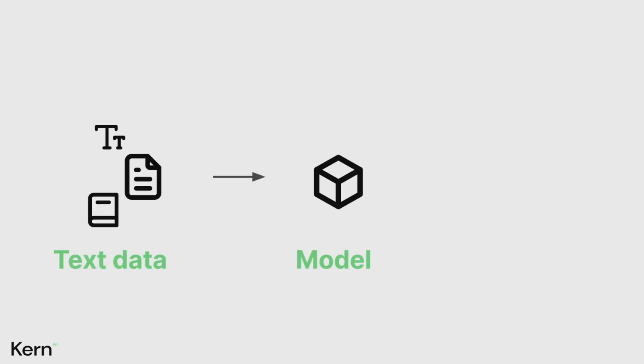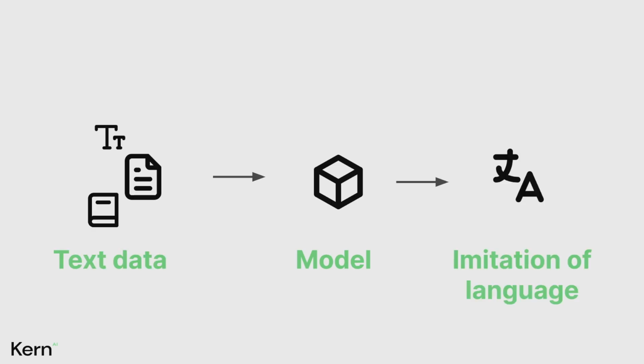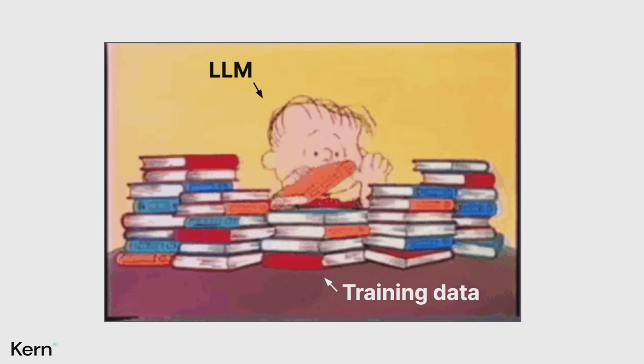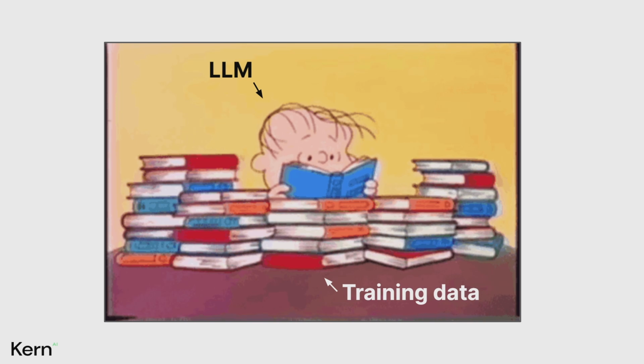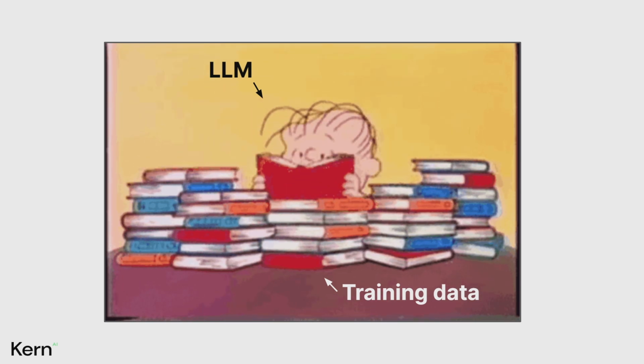Large language models are trained with huge amounts of texts in order to learn and imitate the way that language works. The intuition behind the learning process for LLMs is quite simple. The model learns the meaning of words by seeing millions of examples. The model knows, for example, about cats because some of the example texts are about cats.